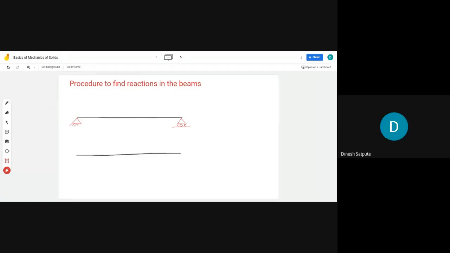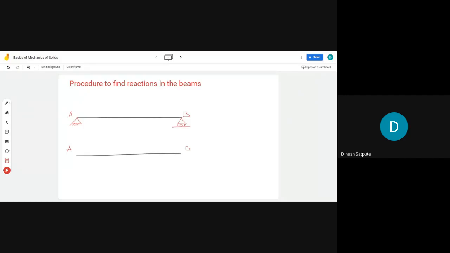Can anyone answer how many reactions a hinge support generally has? Two, sir. Two reactions. Very good. Say this is beam AB, and for beam AB we are discussing how many reactions there are. These are very basic and important things you should know. For the hinge support, as your friends answered, we have two reactions.